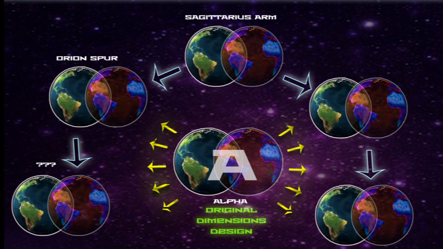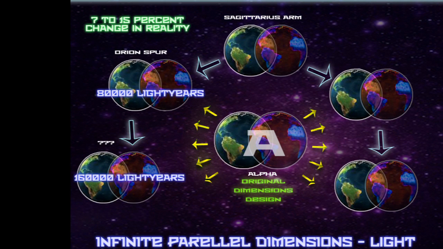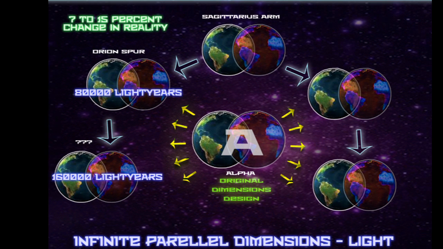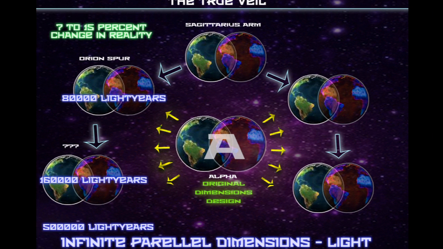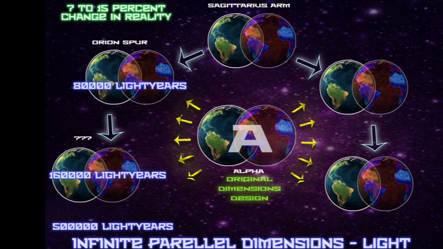If you kept going through, you can imagine every time you keep going, the universe becomes more and more different. Time and space itself is exactly the same, which is why NASA cannot exist and planets just do not exist. Because if you traveled 500,000 light years in one direction from the original point dimension, which we can't get to anyway, let's just say our dimension then, that we were in the Sagittarius arm.